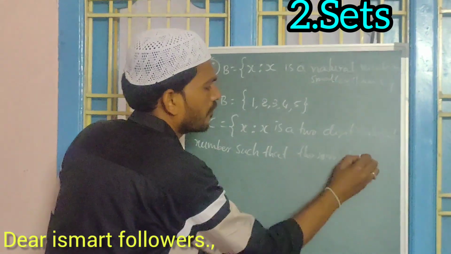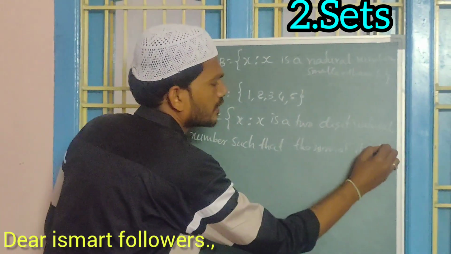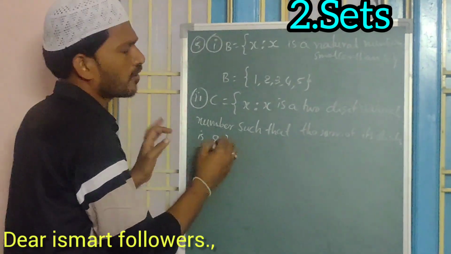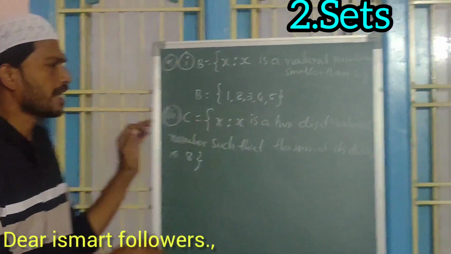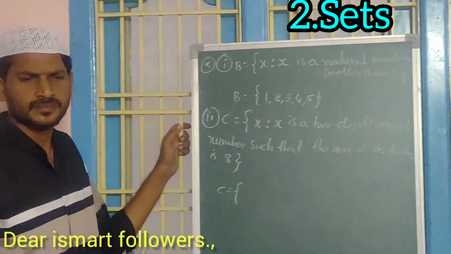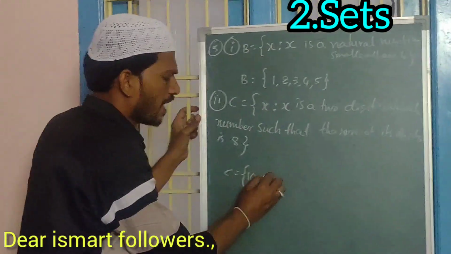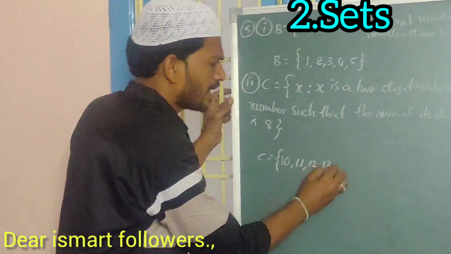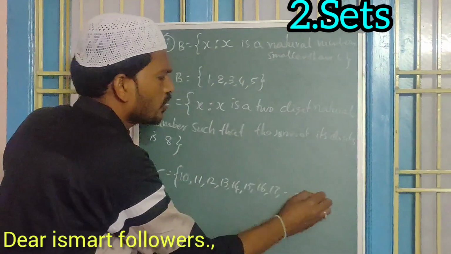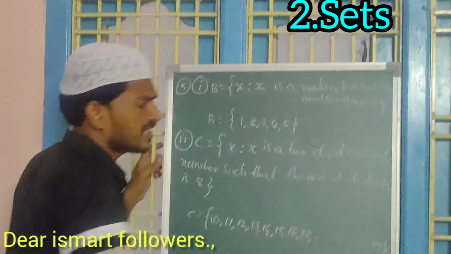This is an important question. It says that x is a 2-digit number. Actually, 2-digit numbers start from 10, 11, 12, 13, 14, 15, 16, 17, and so on to the last number. But this is not the answer.